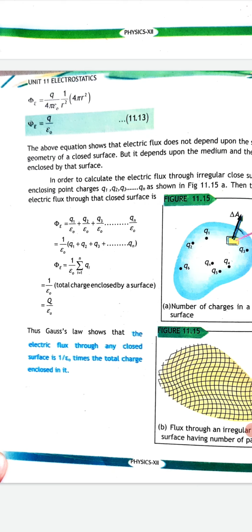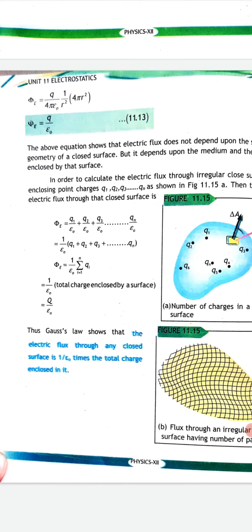So, in both equations there is no factor related to the geometry of the closed surface. Both equations clearly demonstrate that the electric flux through any closed surface is equal to 1 over epsilon naught times the total charge enclosed by the closed surface, and it does not depend upon any geometrical factor or anything else, right. This is what we call Gauss law.